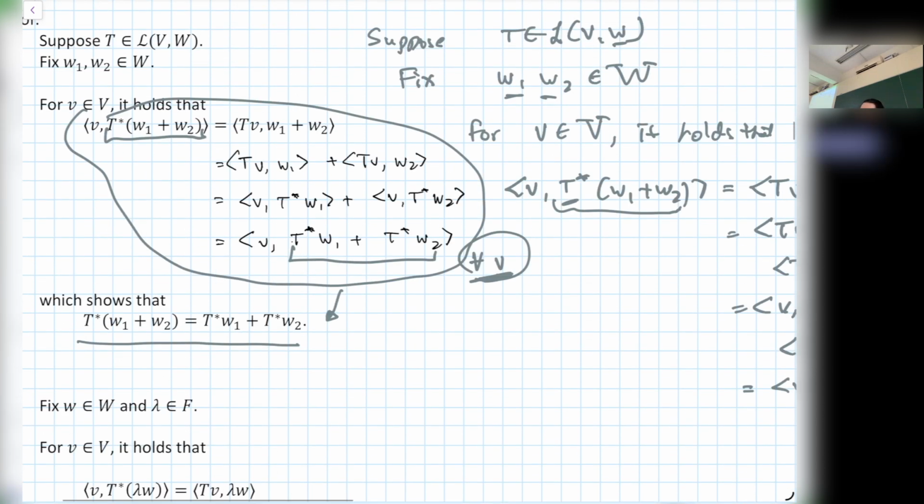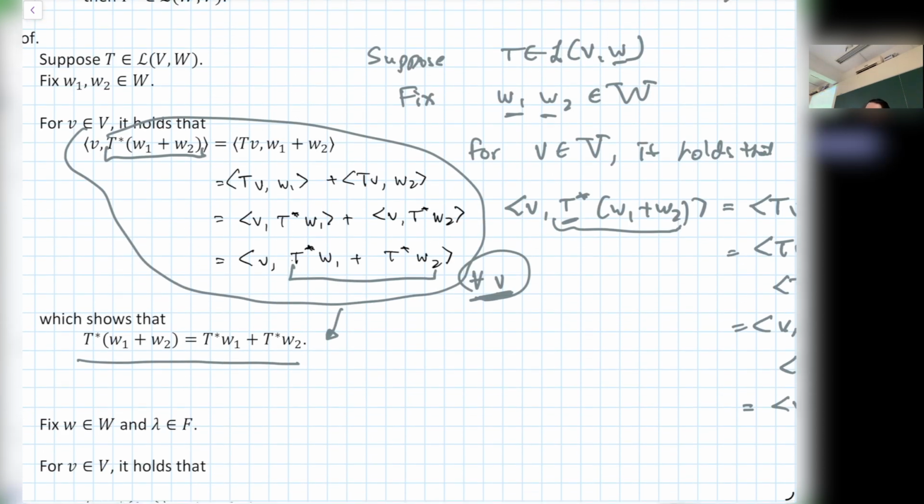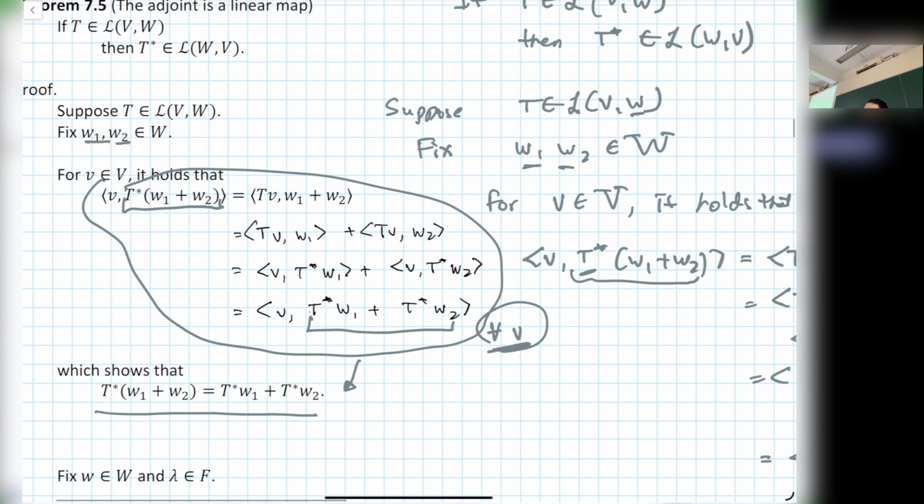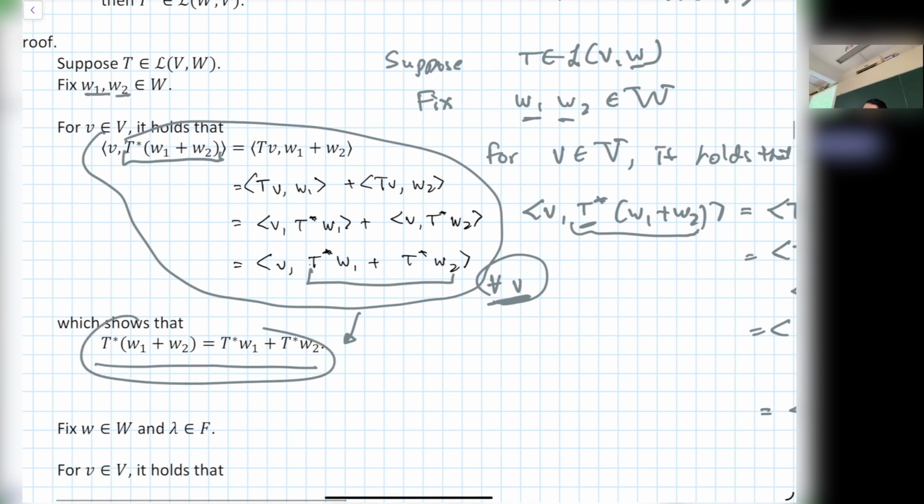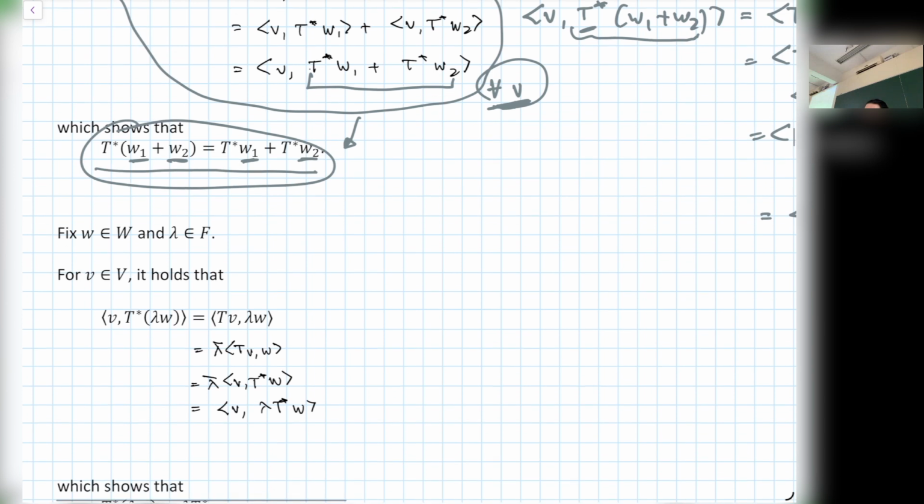So we proved one part: if you take linear combinations, then you get the linear combination of the things acting. Is that okay? One can do something very similar for the scalar. This part of the proof I'm going to leave as homework for you, because we have to show two things.